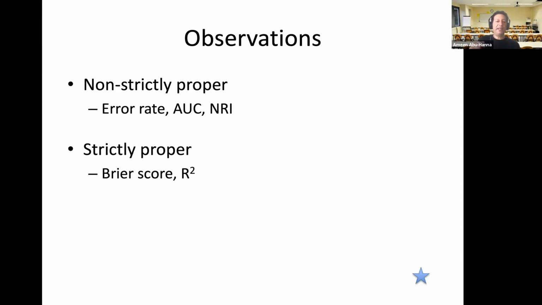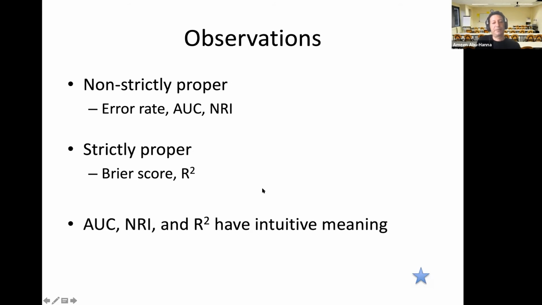They will get their best value, the least value for Brier score and the best value for R squared, when you have the true probabilities. So this is a very nice property of the scores. And AUC and NRI and R squared have intuitive meaning. So this is the proportion of improvement. The Brier score itself has a meaning of error, but it's not so intuitive.